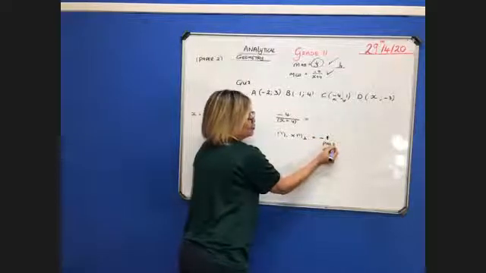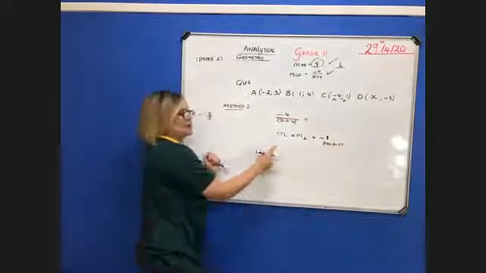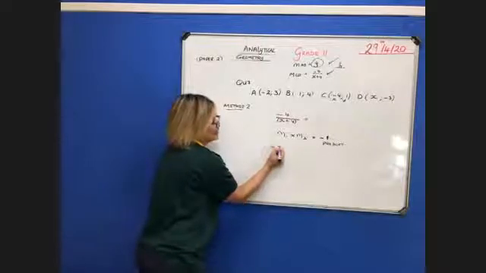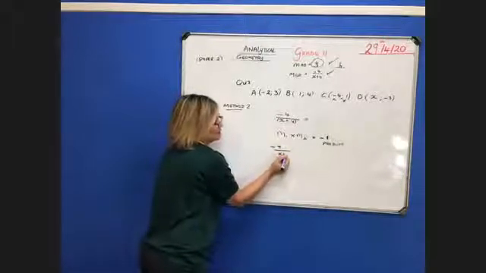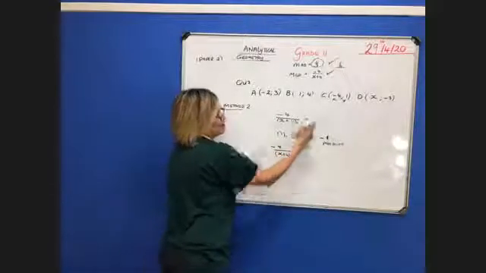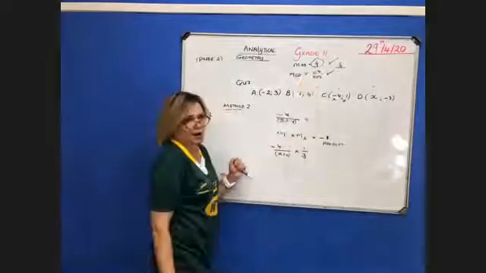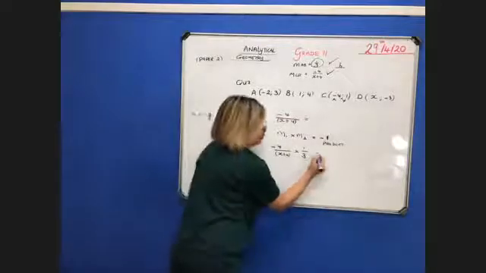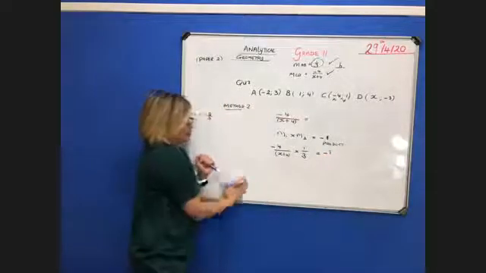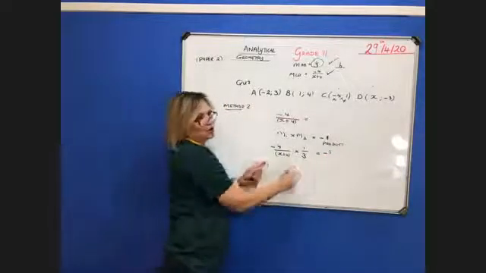Now, some of you know that. So I think method 2, a lot of you would have taken the gradients of the 2 lines, and perhaps you would have times them together, but then you keep the original gradient of +1 over 3. And because you know that equals to -1, so method 2, you could have set up your equation like that.